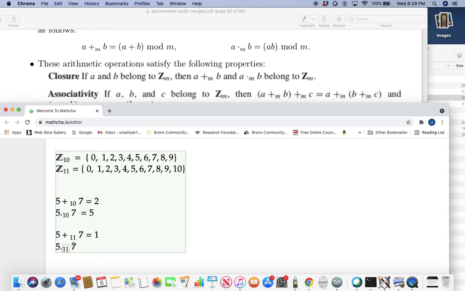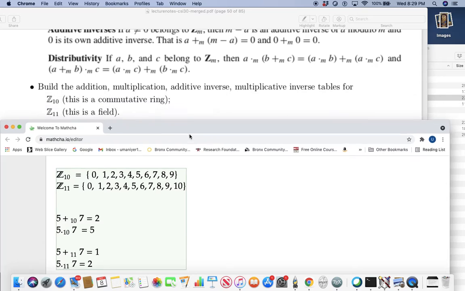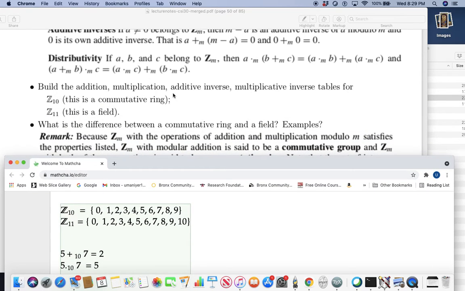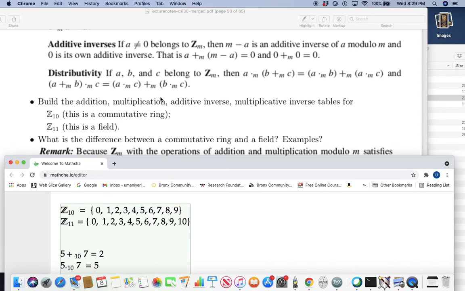But modulo 11, what is 35? Divide 35 by 11, the remainder is 2. You see the distinction? So this is what the addition and multiplication is. All right. So with this, you can see that you can add and multiply.